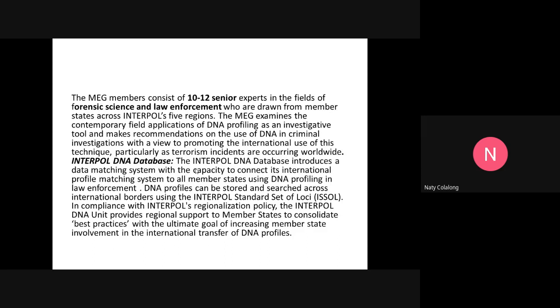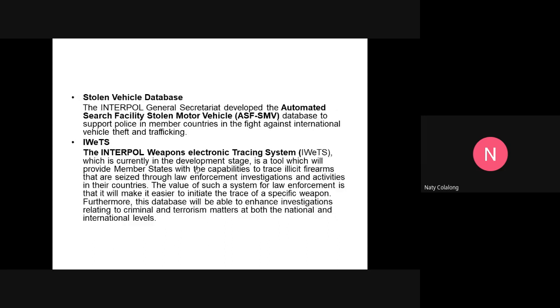In compliance with Interpol's regionalization policy, the Interpol DNA unit provides regional support to member states to consolidate best practices with the ultimate goal of increasing member state involvement in the international transfer of DNA profiles.